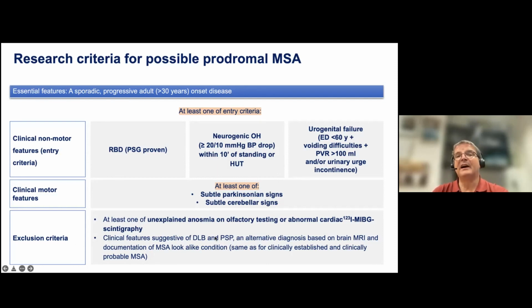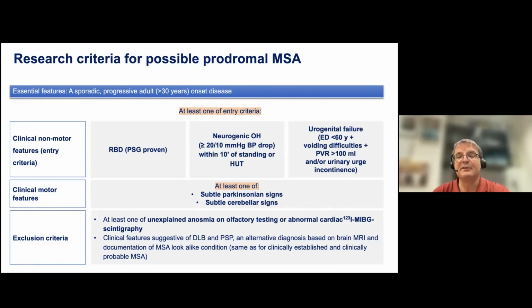Exclusion criteria for possible prodromal MSA include unexplained anosmia on olfactory testing, which is very typical for Parkinson's disease, or abnormal cardiac MIBG scintigraphy indicating sympathetic cardiac denervation, which again is more suggestive of Parkinson's disease or Lewy body disease in general.